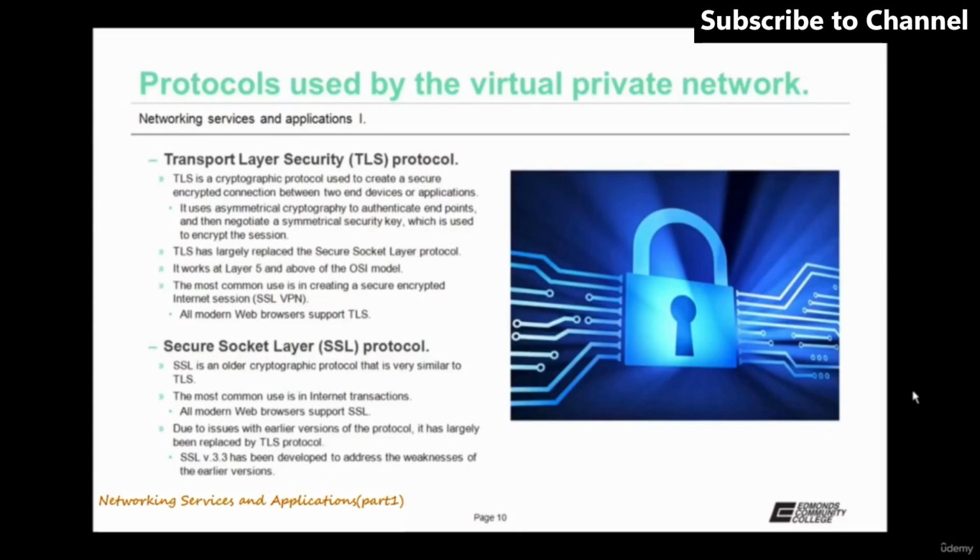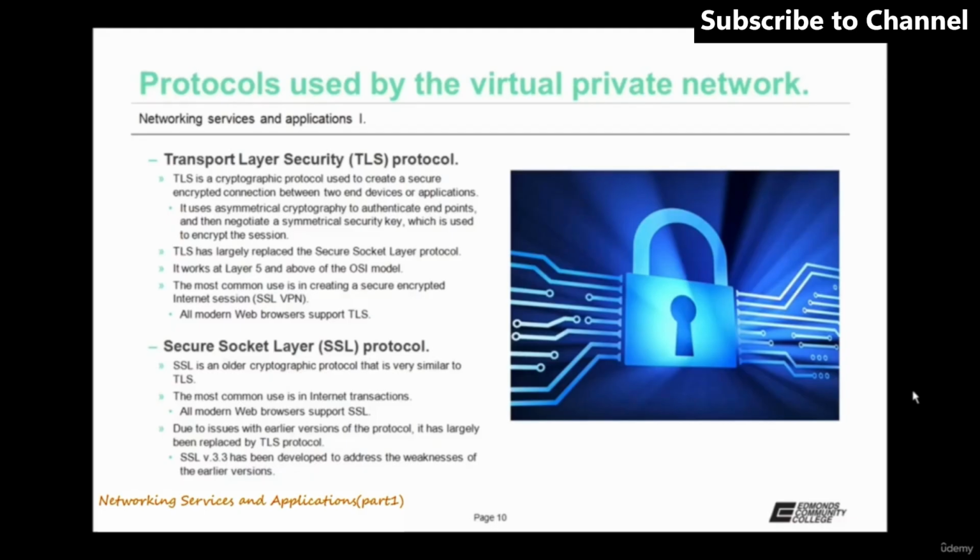Transport Layer Security is another common VPN protocol. TLS is a cryptographic protocol used to create a secure encrypted connection between two end devices or applications. It uses asymmetrical cryptography to authenticate endpoints and then negotiates a symmetrical security key, which is used to encrypt the session.